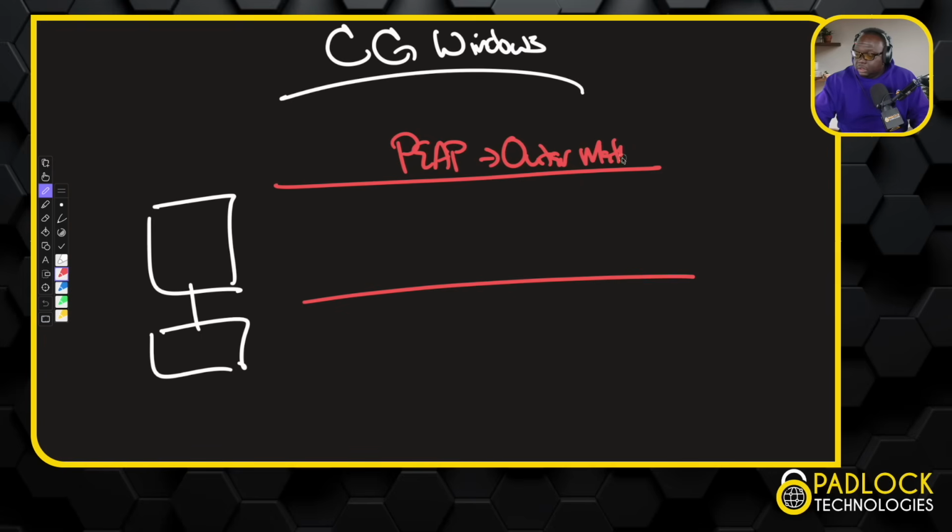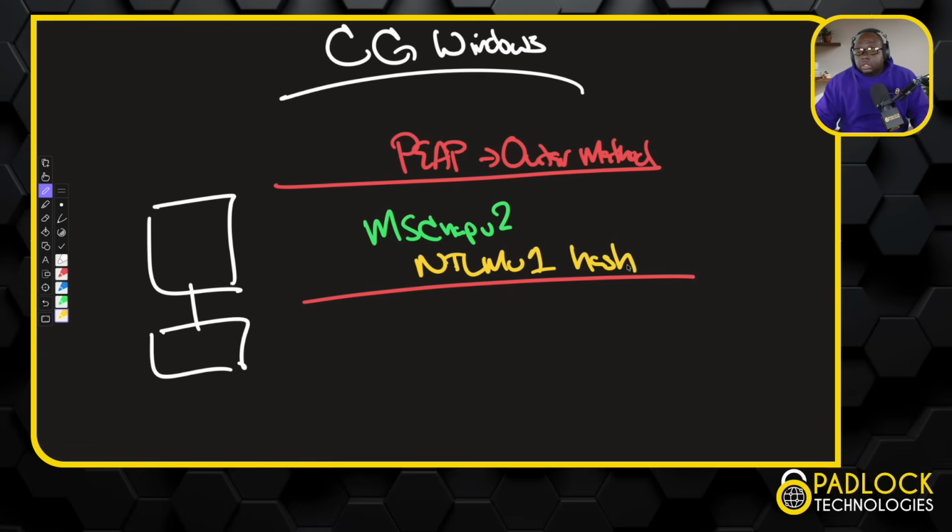All right. And then the inner method would be MSCHAPv2. And what that would do is take your login credentials and send them across in an NTLMv1 hash. All right. That's what gets sent across the wire. That's what we use to authenticate to ISE, and everything would be hunky dory. Everything is cool. All right.